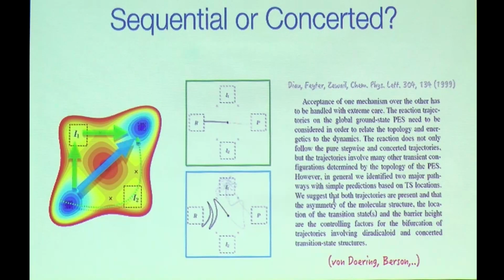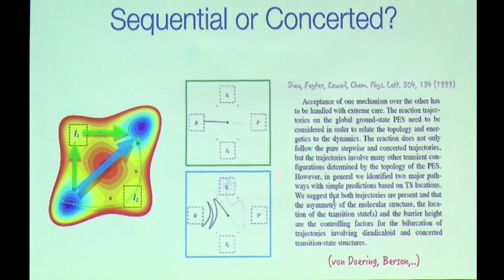So the question, of course, is sequential or concerted. If you think about a simple potential energy surface, with a reactant and a product and some intermediates over here, usually when you think concerted, you're thinking of the process going straight from reactants to products without visiting these intermediates. The other, of course, is sequential, where it does get into the intermediates and then finally ends up with the products.